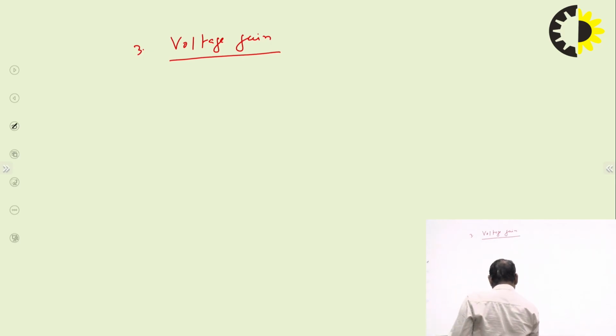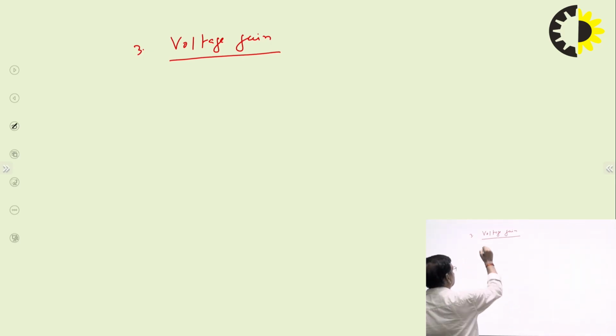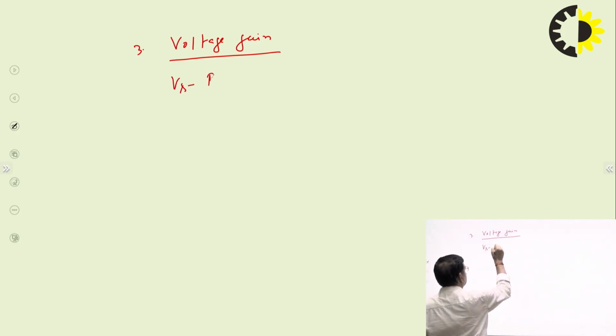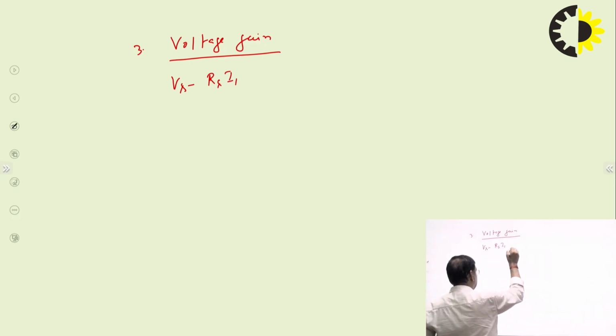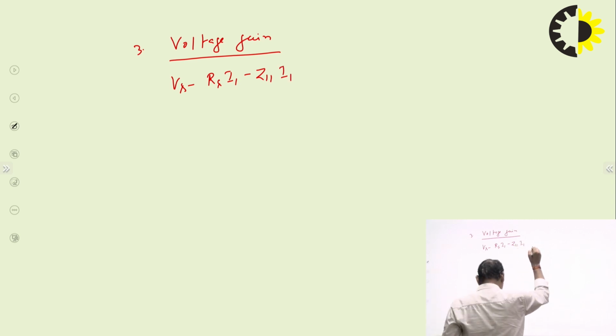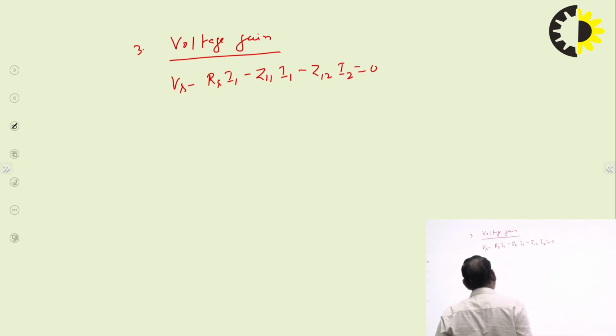So for voltage gain: Vs minus Rs I1 minus Z11 I1 minus Z12 I2 equal to 0. How will we get this? The circuit is like this.